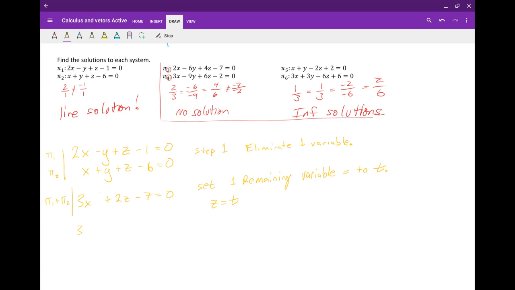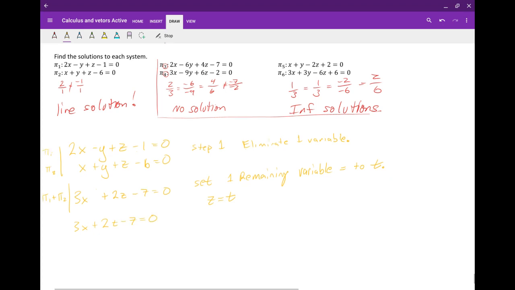So now I've got 3x plus 2t minus 7 equals 0. And then step 3, you solve for the remaining variable.